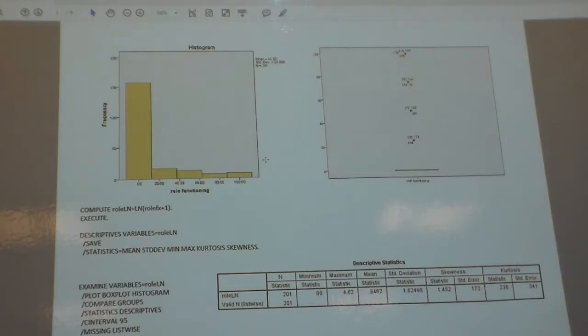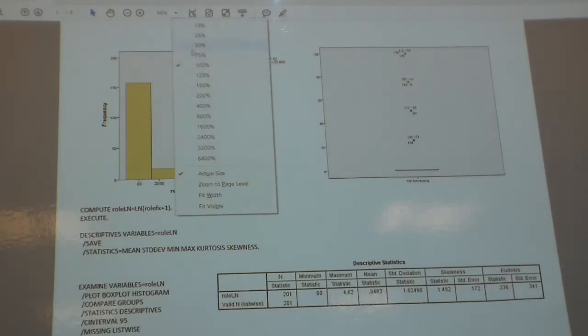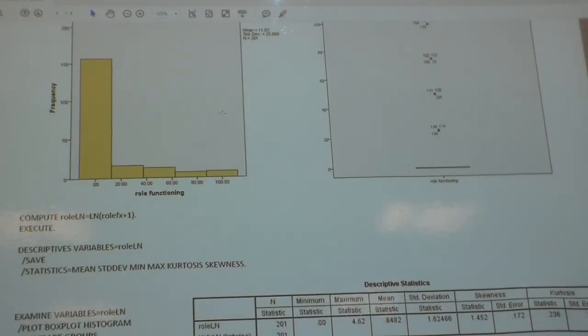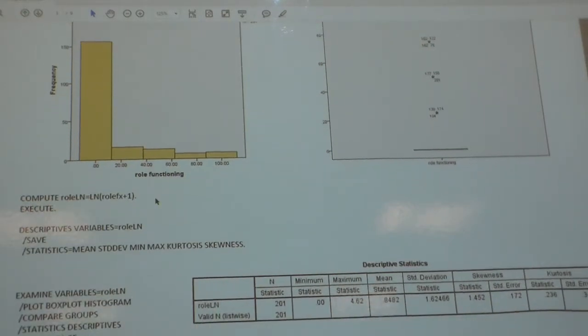right? So I go through, run my transform here, and then go through and get descriptive statistics on my natural log. And Sam, what do we see once I look at the descriptive statistics for the natural log of role functioning?